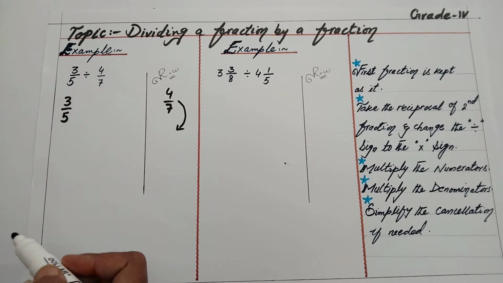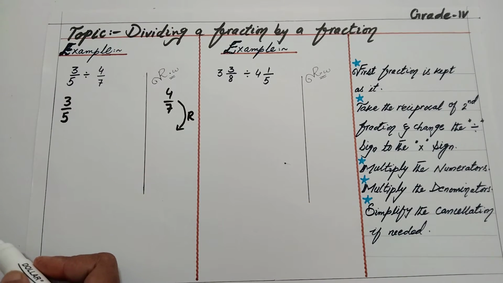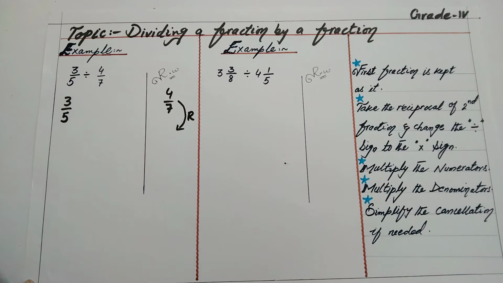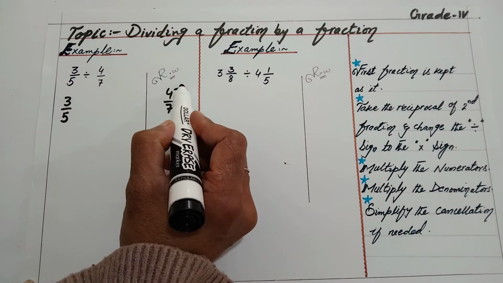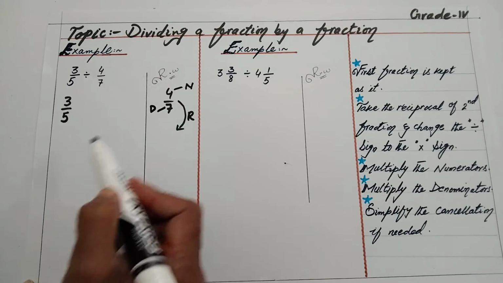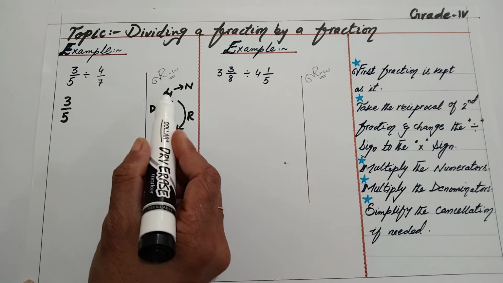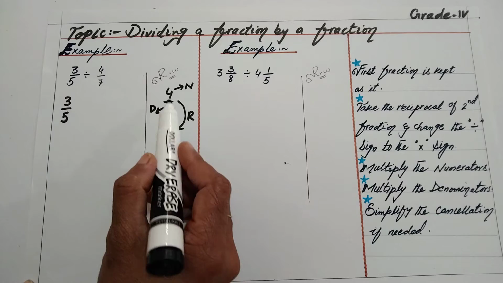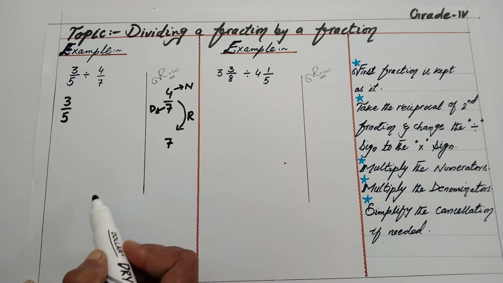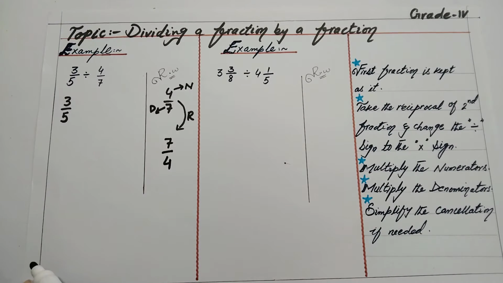What is the reciprocal of 4 by 7? Reciprocal is actually just to interchange the numerator and denominator. As 4 is the numerator and 7 is the denominator, to take the reciprocal we simply invert them. The denominator becomes the numerator and the numerator becomes the denominator.